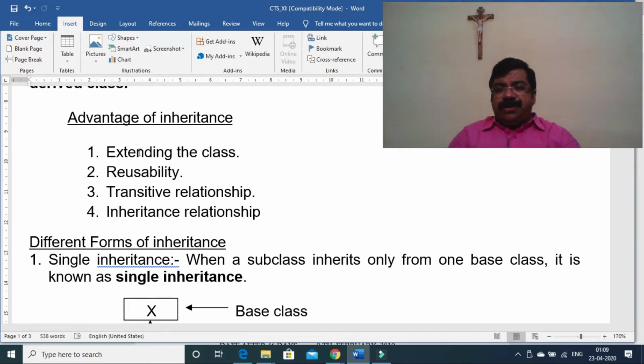Now, the second one is reusability. For this I will take another example for inheritance. Suppose your grandfather made a house which you are living in nowadays. A few years back, when he constructed that house, it had only 3 rooms and only one floor, the ground floor.